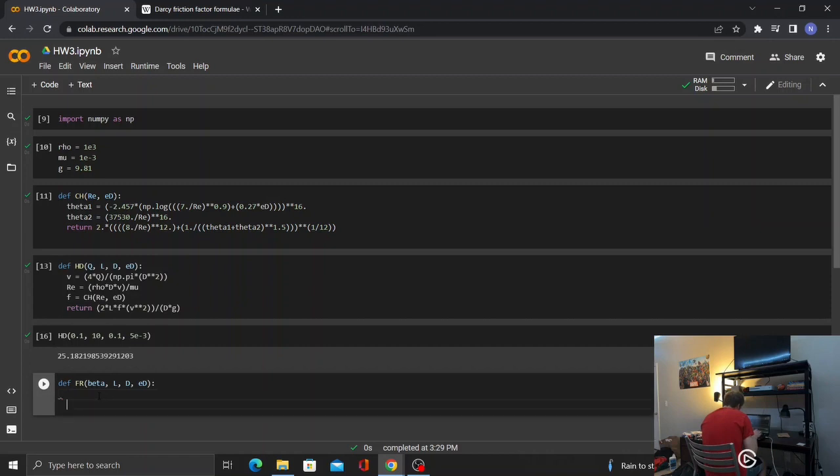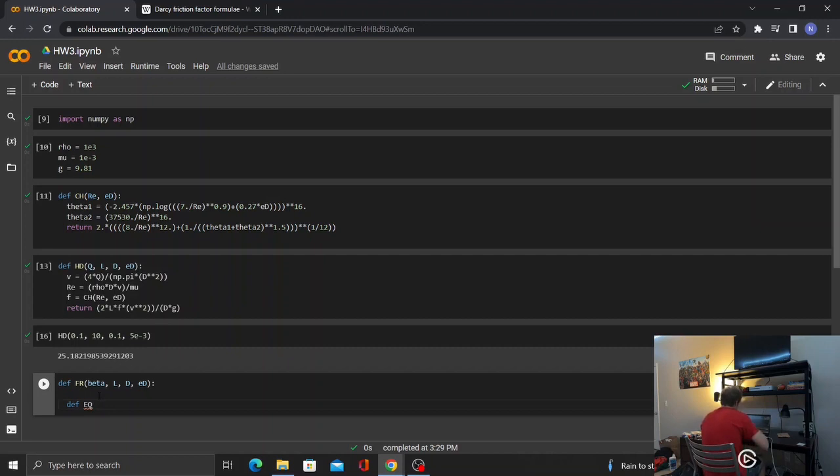And now we're going to want to define the equation that we are eventually going to be using our SciPy root solver on, since we will be solving a nonlinear equation.